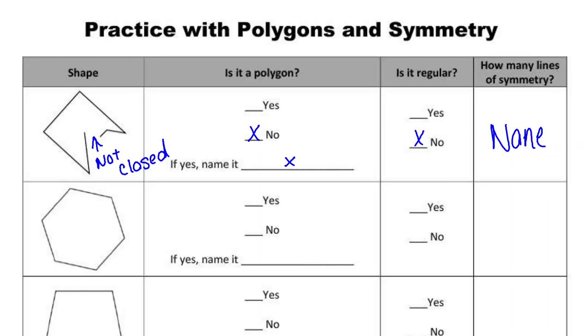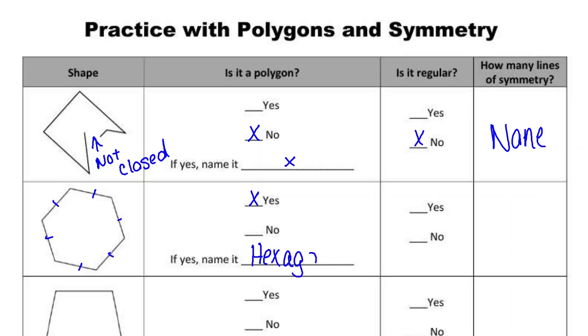We'll do one more together. If I look at this shape here, is it a polygon? Yes, it is closed. There's no twisting. And let's name it. Well, how many sides does it have? 1, 2, 3, 4, 5, 6. It's 6. So it's a hexagon. If you need to look back at those, do.